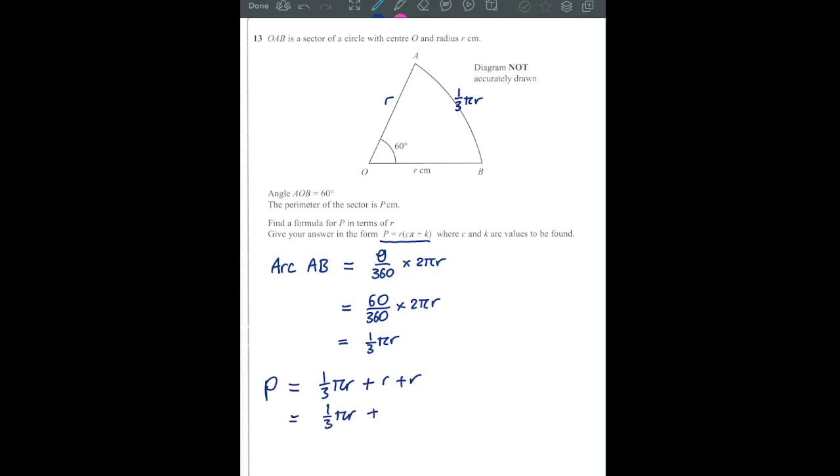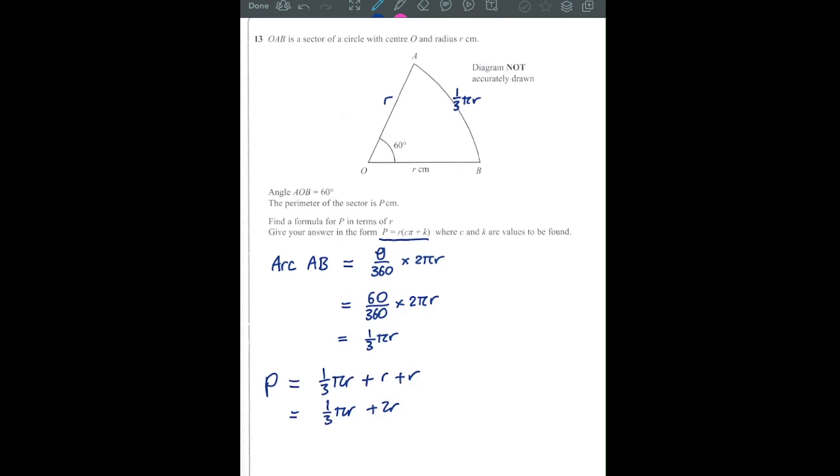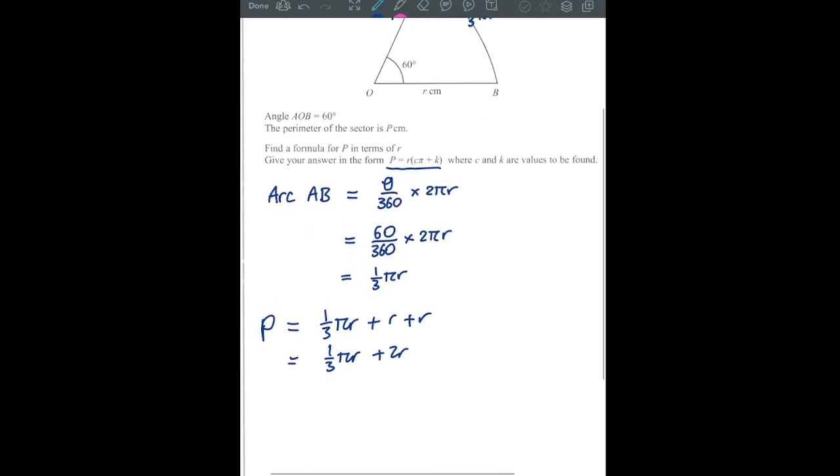Simplify that, plus 2r. And look at the question again. The question tells you to give it in the form with a bracket with an r on the outside. Conveniently, r is in both of my two terms. The first leaves behind a third pi, which does look exactly like c pi.